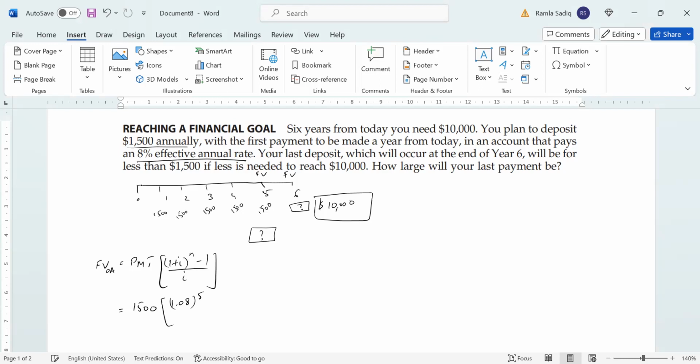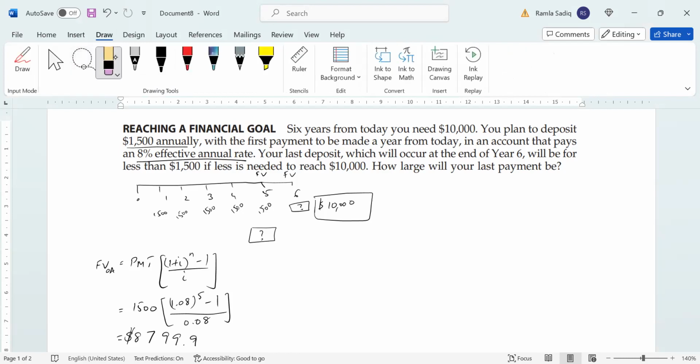So when we plug that into a calculator, we are going to get a future value of 8,799.9. This is the amount of money that's going to be in our account at the end of the 5th year based on this cash flow.